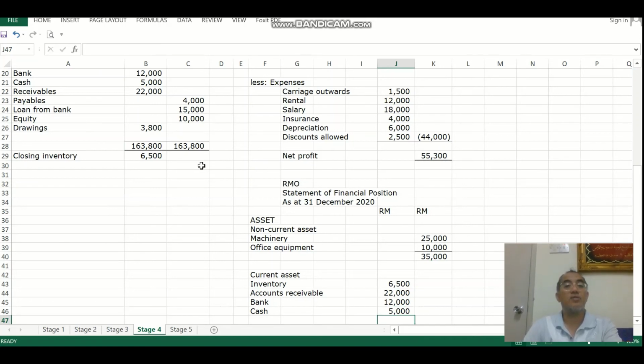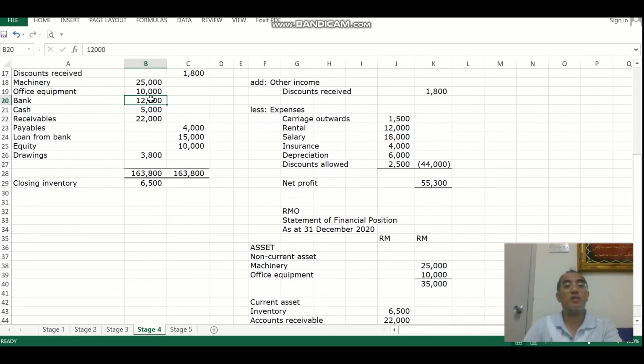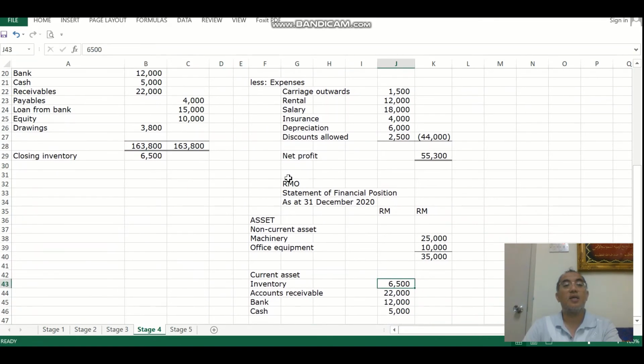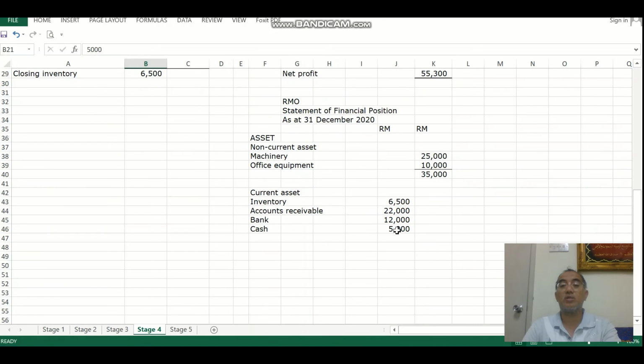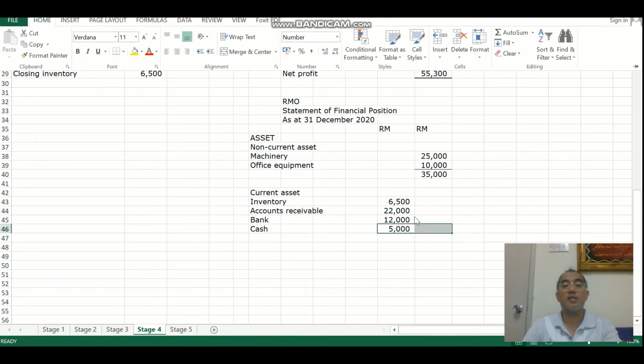Okay, I took everything from here. So the inventory is 6,500, same here, and then I have my accounts receivable 22,000, my bank is 12,000 and my cash is 5,000. So I have now the total of my current asset. How much is my current asset?